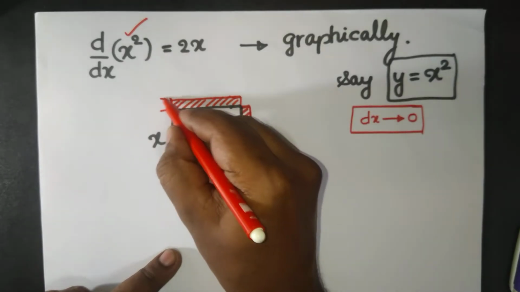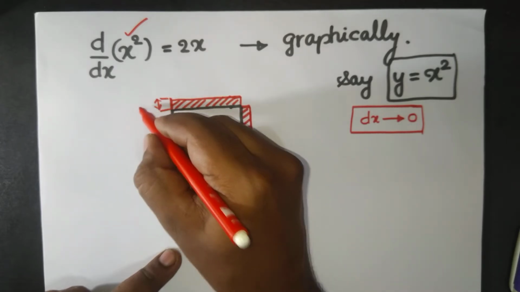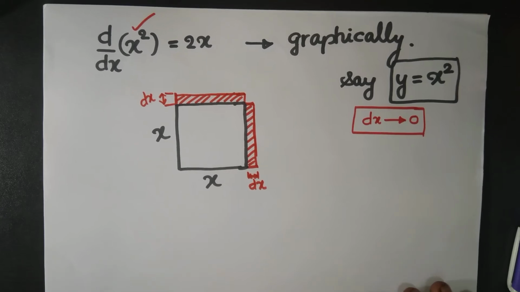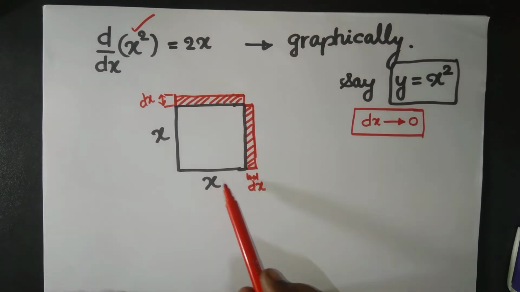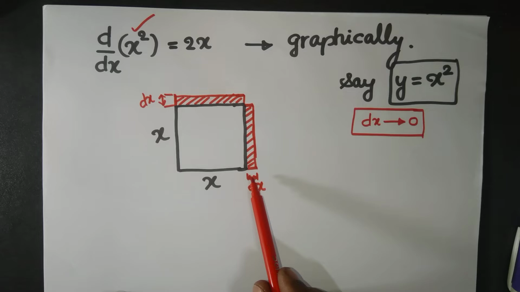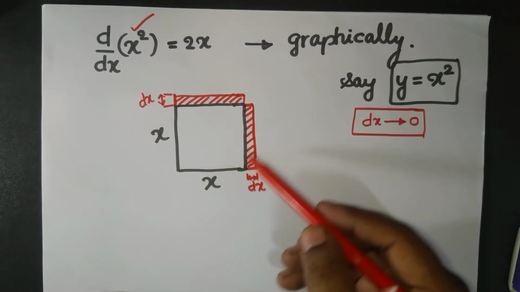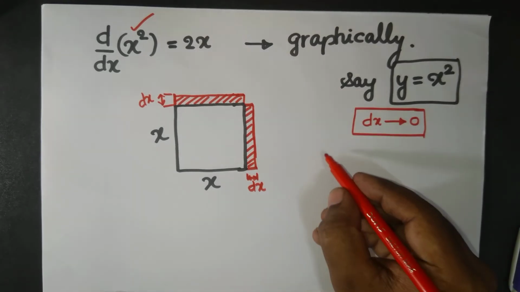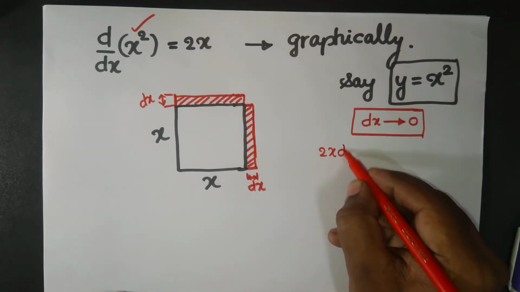So now this part is dx. If we increase this x by a tiny amount dx, the area of the square will increase by approximately 2x dx.